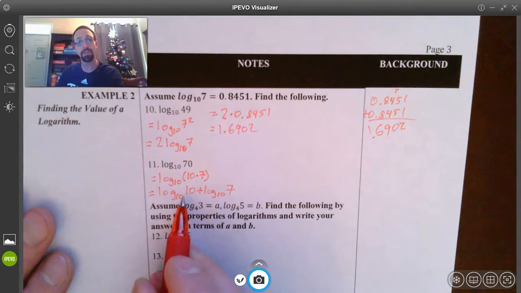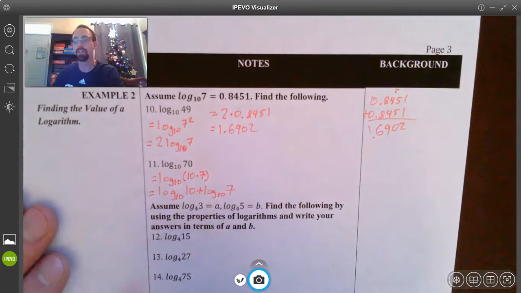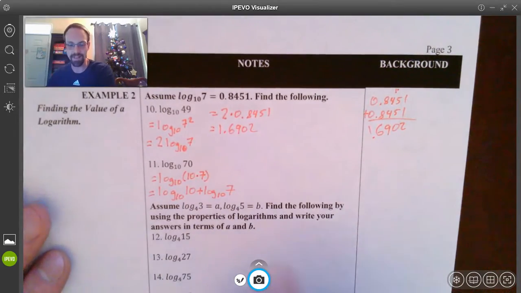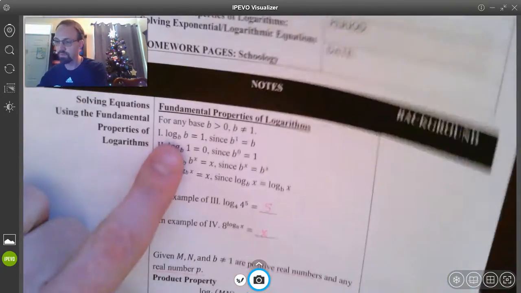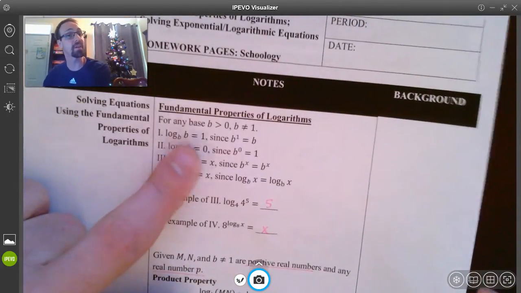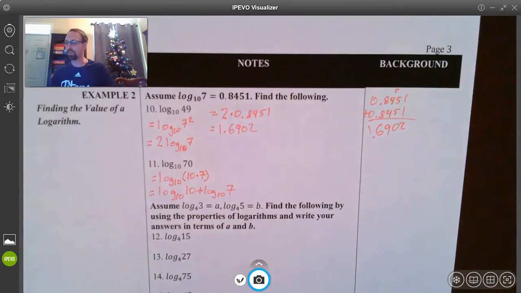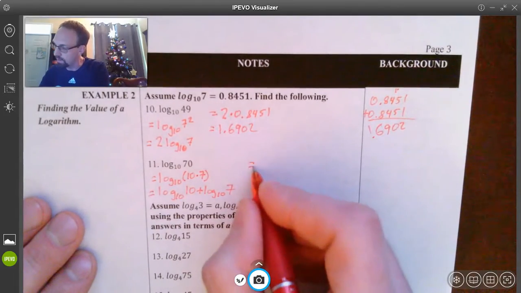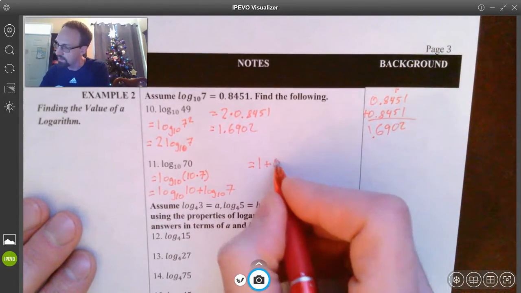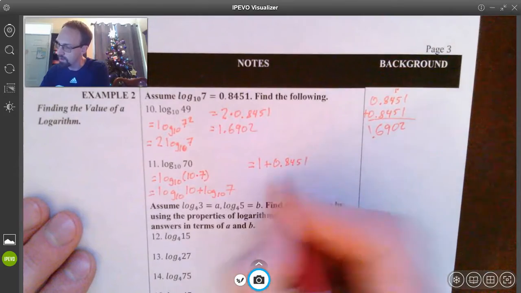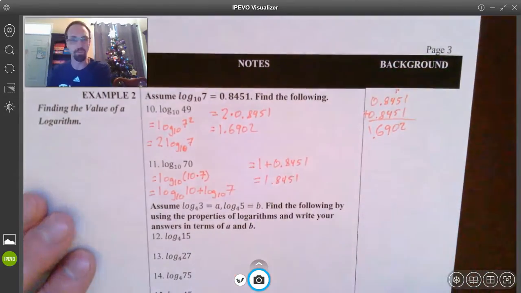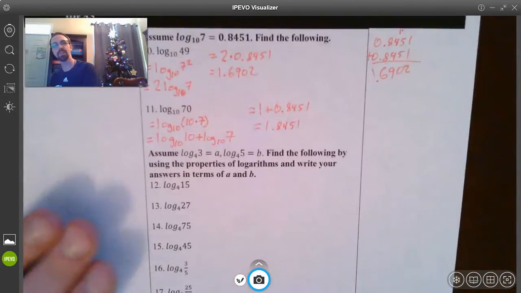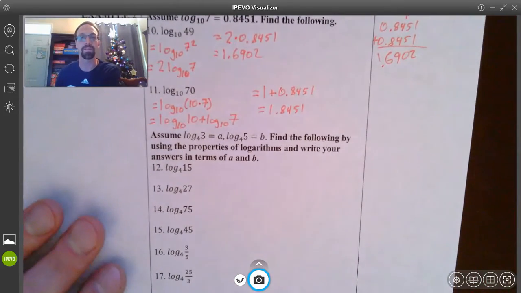Now, log base 10 of 10, whenever you have log base to the same value, that goes back to property number 1 from that first page. That's going to always be 1. So this value right here is 1 plus 0.8451, which is 1.8451. And that's that.